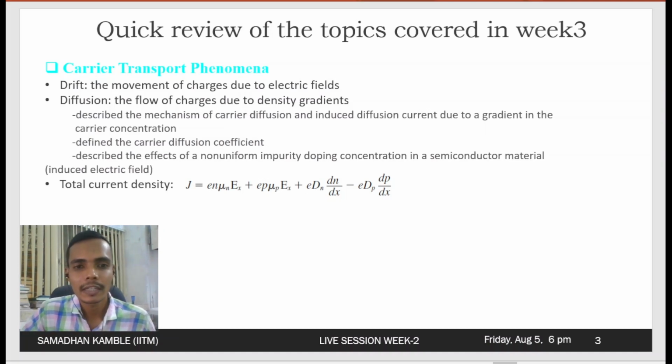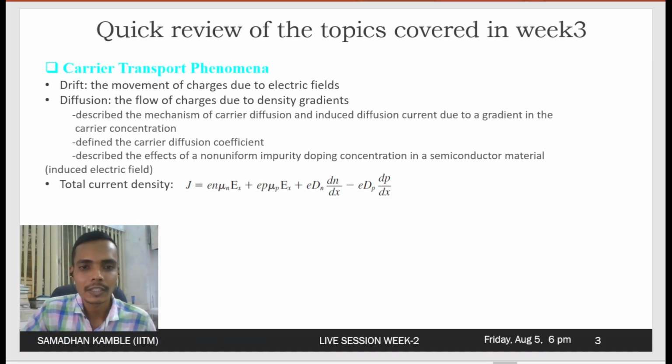Because of that gradient, there is net movement of charges from the region of higher concentration to the region of lower concentration. So the density gradient gives rise to diffusion, which is the second transport phenomenon.